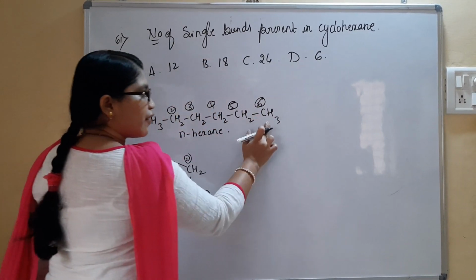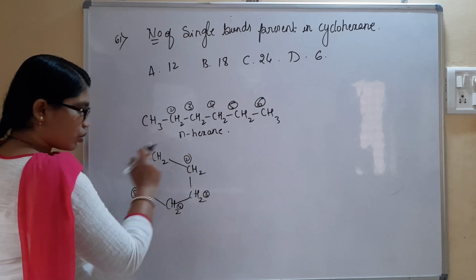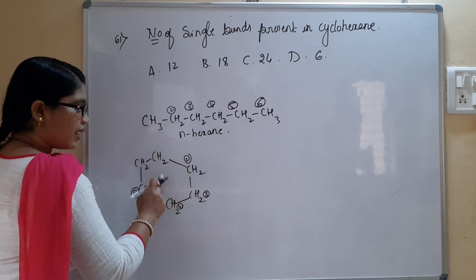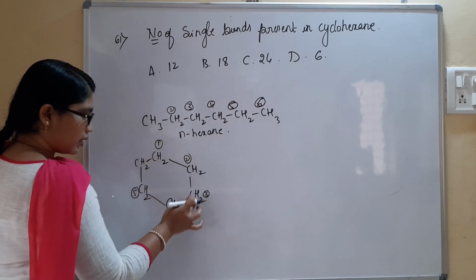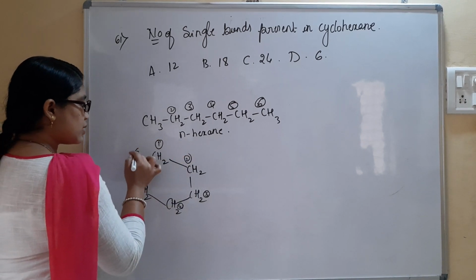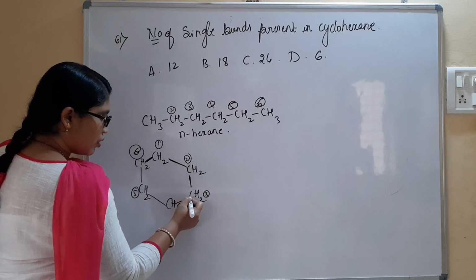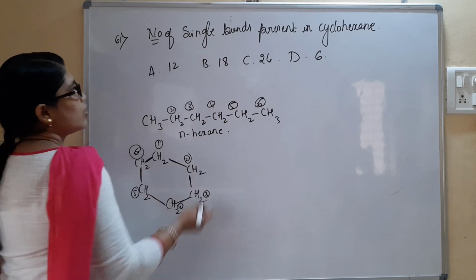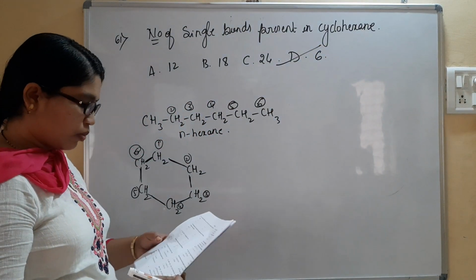From the sixth also I have to remove one hydrogen, and from the first also, and just close the structure. So this is called cyclohexane. This is the first carbon, second, third, fourth, fifth, and this is the sixth carbon. So you can see the bonds 1, 2, 3, 4, 5, 6. So D is the correct option for this molecule.